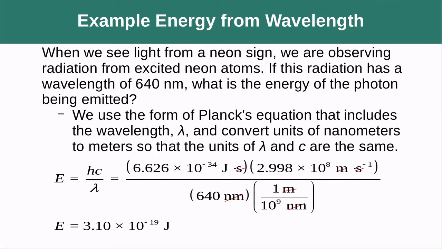And some other times when they ask these questions, if you look in the homework, sometimes they're going to ask what is the energy per photon, and they may even ask what is the energy of multiple photons, at which point you need to realize that that would just be some multiple of this energy. So there's a good example of this in the homework problems. It's just something to pay attention to, that it really depends on how they ask the question.